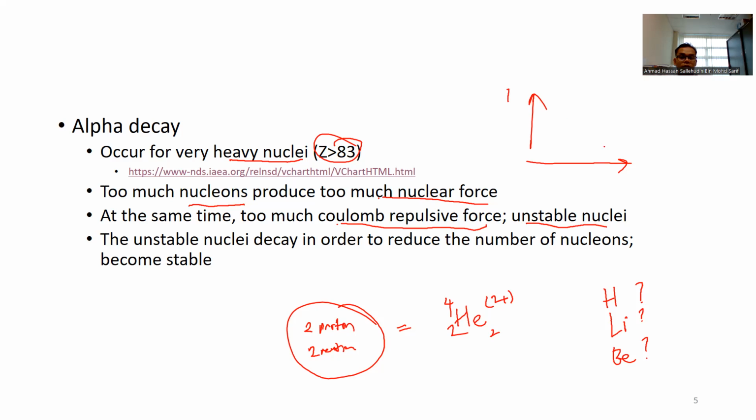Okay, this is the number of nucleons. If you still remember, this is the B over A. The curve peaks at about helium.